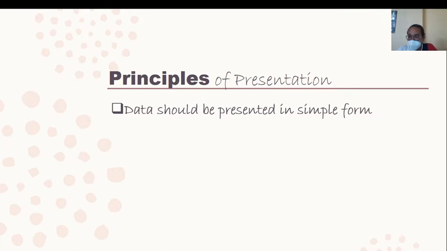Parang ganun din dito. Sabi nga, data should be presented in a simple form. Kasi for example, nag-present ka, napaka-complex nung ginawa mo. Tingin mo, magkakaroon pa ng interest yung mga reader mo dun sa ginawa mong research? And second is, arouse interest in reader.